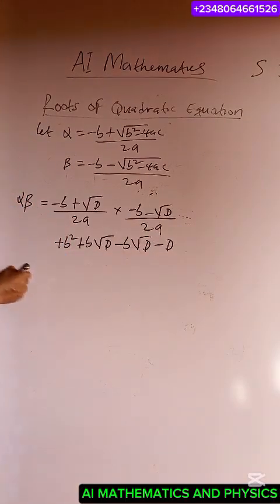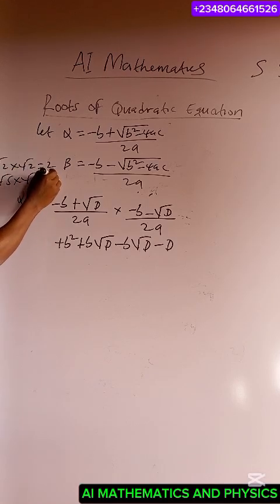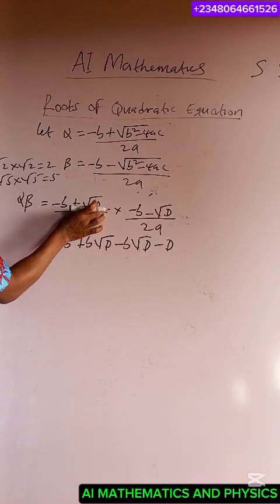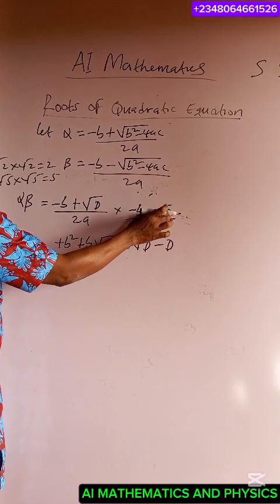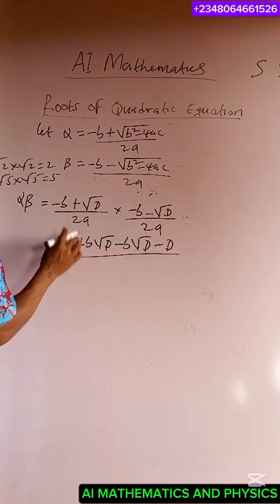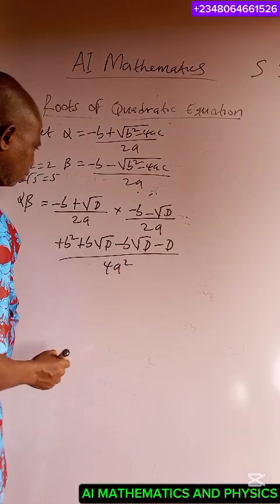And don't forget that a root under a square, root 2 times root 2 is equal to 2, and root 5 multiplied by root 5 is equal to 5. That's why root D times minus root D will give us minus D. Everything over 2a times 2a, that's 4a squared.